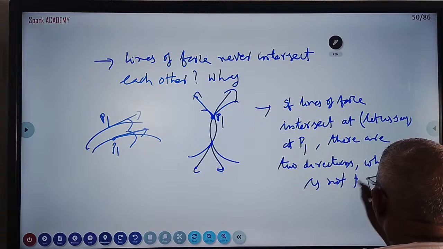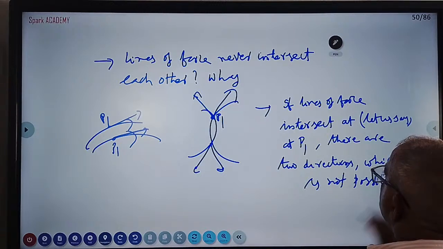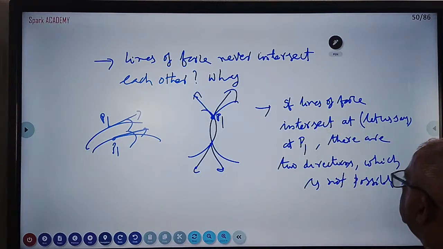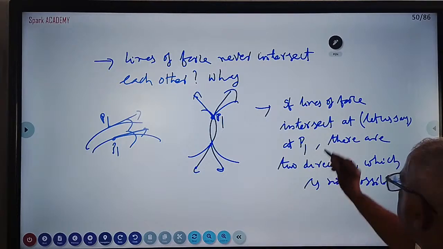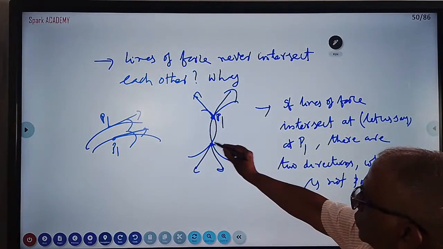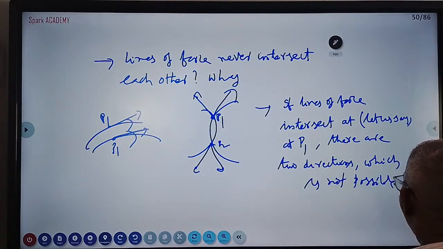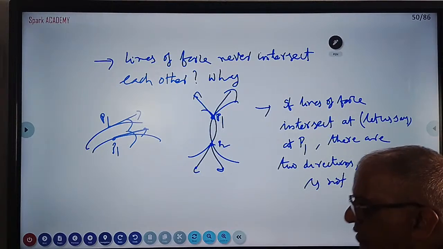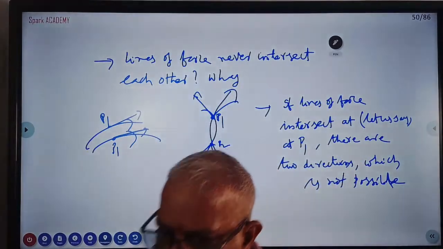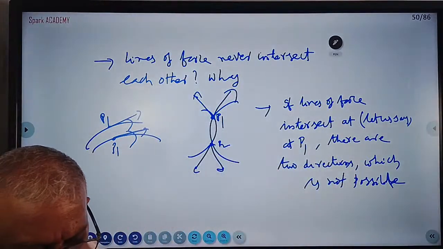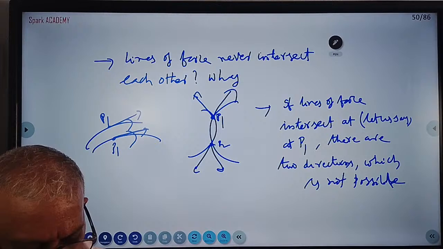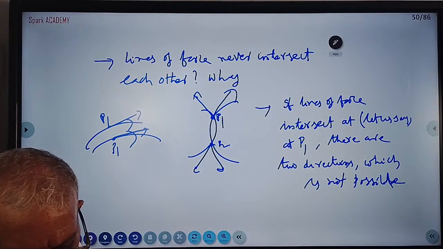A magnetic needle cannot show two directions at a given point. That's why lines of force will never intersect each other. Okay, I think you asked that question, I answered.